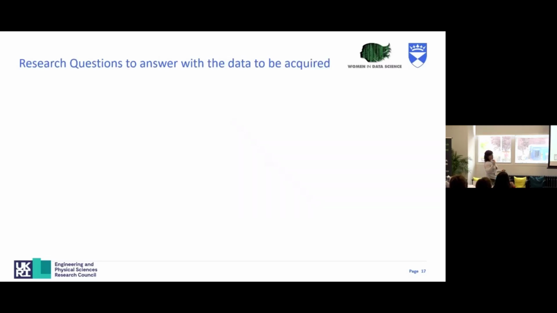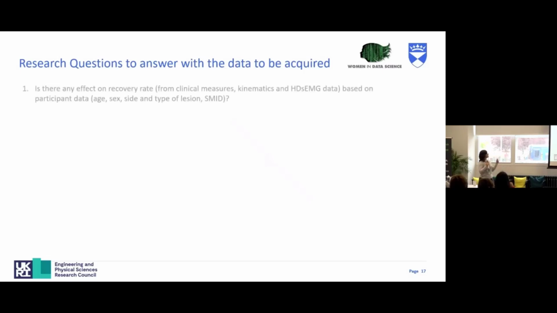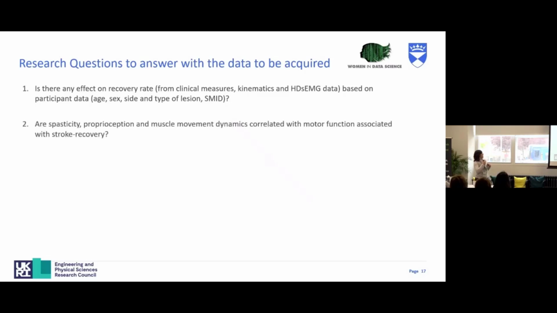So what research questions could be answered with the data acquired? Firstly, is there any effect on the recovery rate from the clinical, experimental, and demographic data? We're going to be measuring spasticity and proprioception as well. So is that related to the movement dynamics and correlated to motor function?